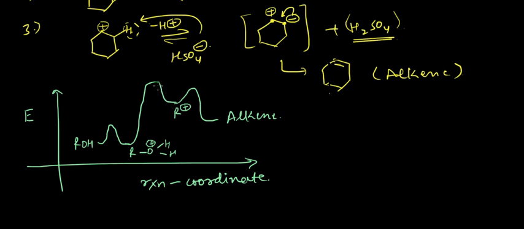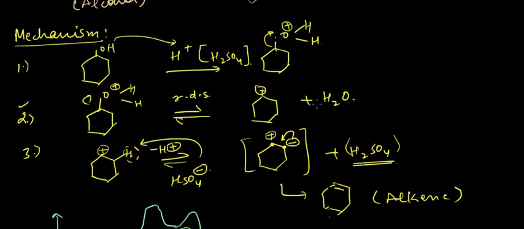So with this we complete the reaction, and if we see, delta H for this reaction is positive. Why? Because ROH was at a lower energy level than the formed alkene. Since delta H is positive for this reaction, that's why we have to heat this reaction.